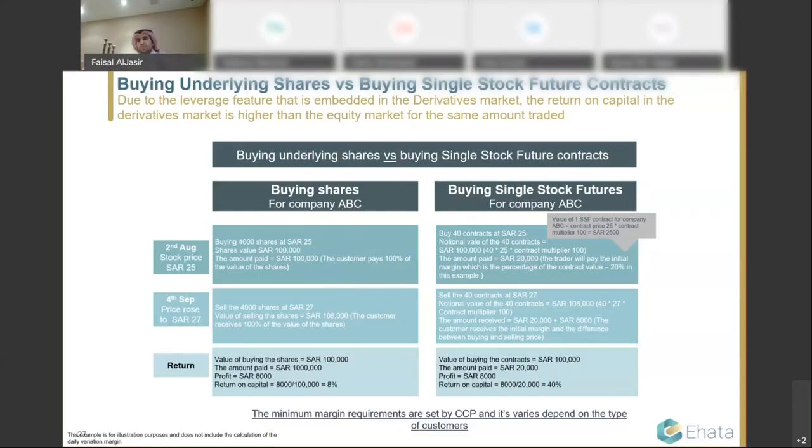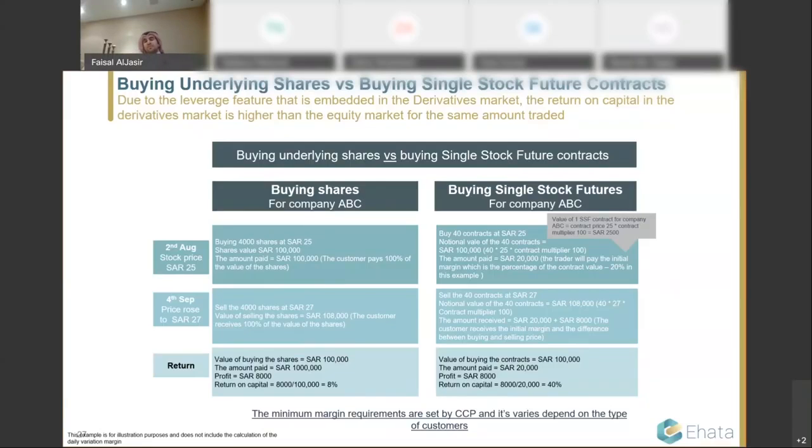So basically you made the same 8,000, and of course you received back your initial margin of 20,000, since there's no need for it now. From a return on capital perspective, you just put 20,000 and you got 8,000, and that's a 40% return on capital compared to an 8% return on capital.